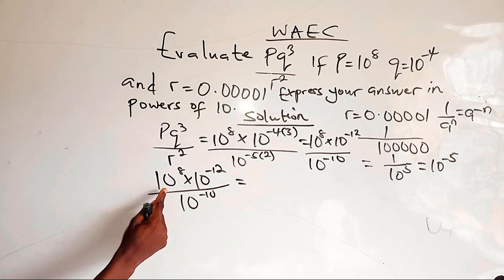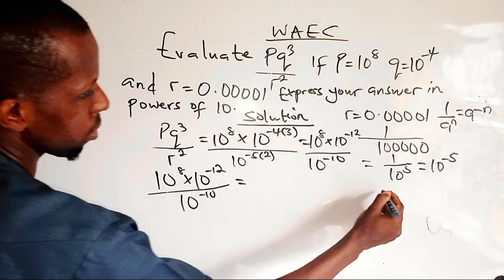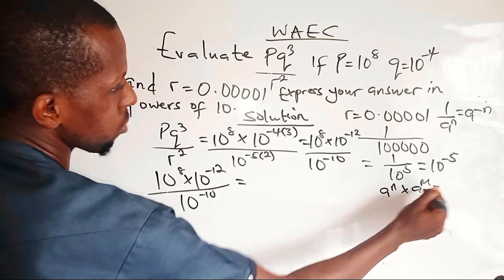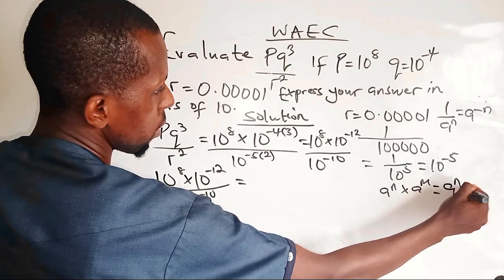Do not forget, we have the same base in our laws of indices. When we have the same base in multiplication, we pick out one base and add up the index.